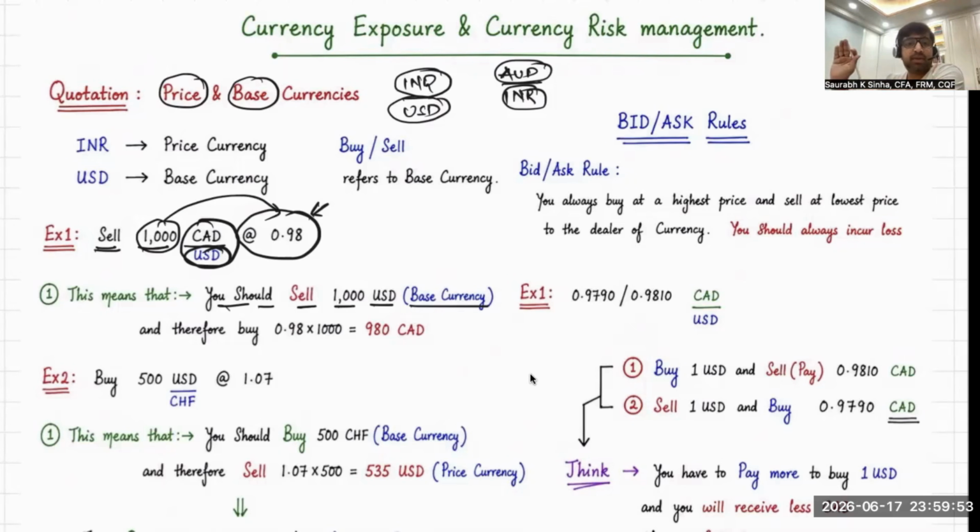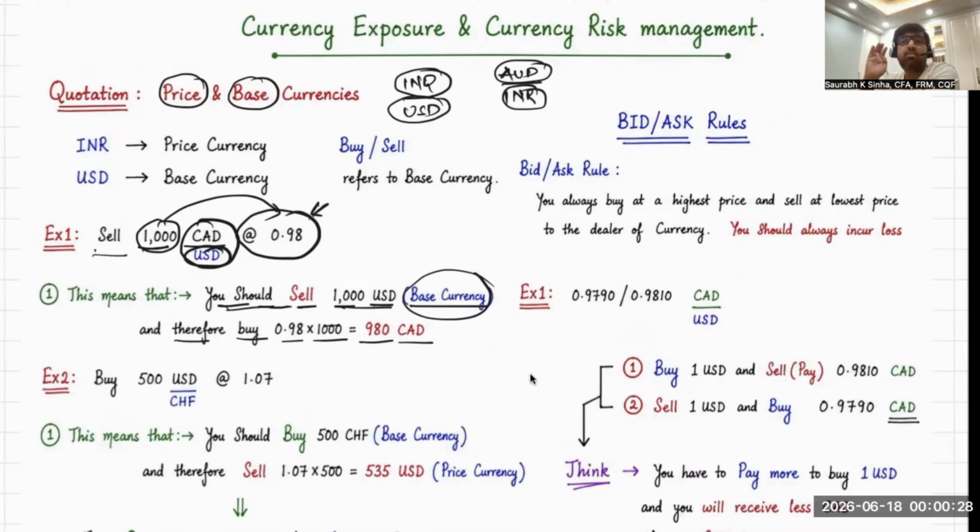Instead of sell, if it is buy, it doesn't matter. If it is buy, you buy 1000 USD and you sell 1000 into 0.98 CAD. So currently it is sell: sell 1000 USD, which is the base currency, and therefore buy 0.98 into 1000, that is 980 CAD.